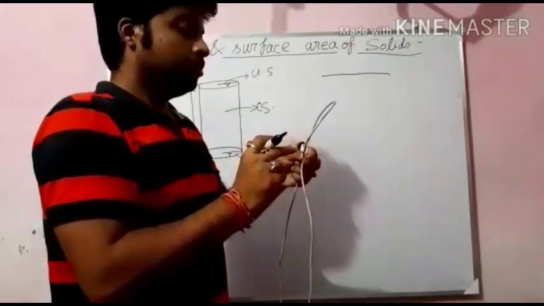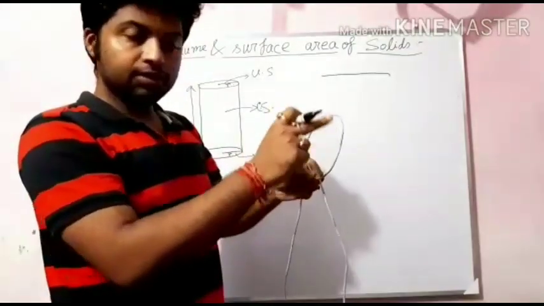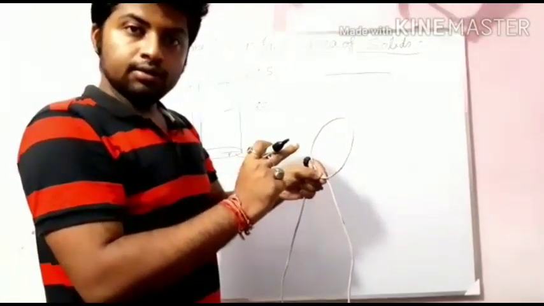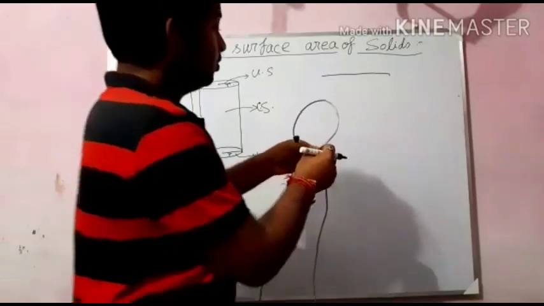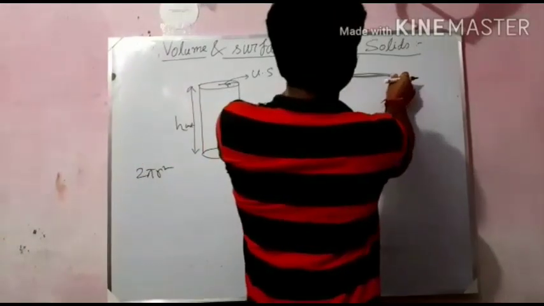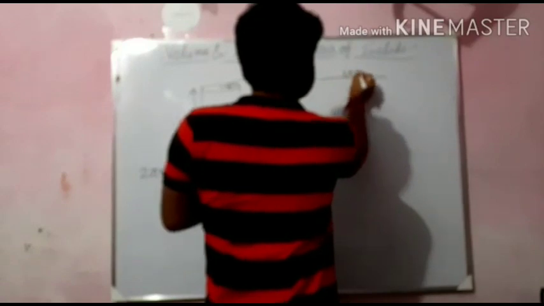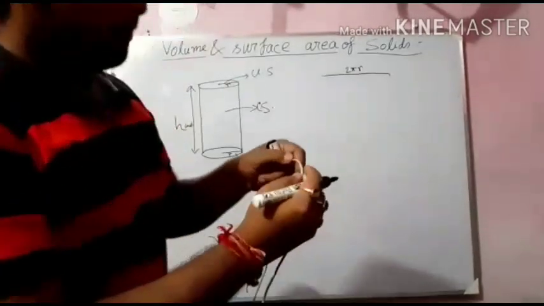So the circumference of this circle is 2 pi r. That is the formula of the circumference, right? So this much length is actually 2 pi r.